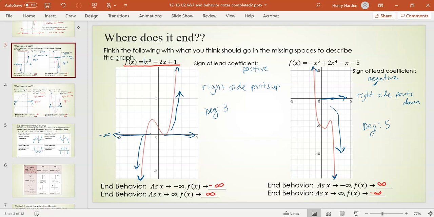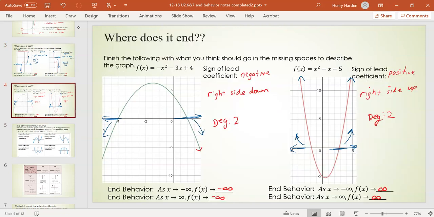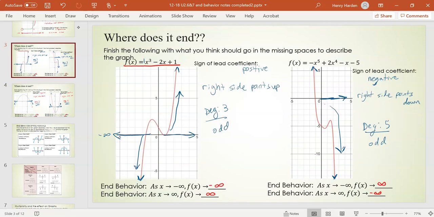If you notice here, these degrees are both even. If the degree is even, both arrows will point in the same direction. If the degree is odd, they point in opposite directions. So that's how you can determine what the left side does.